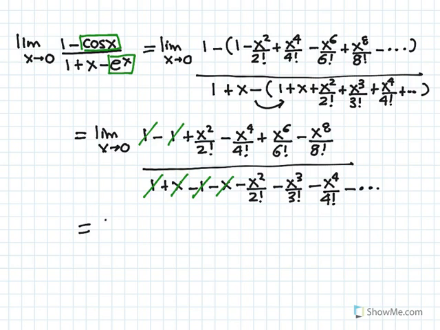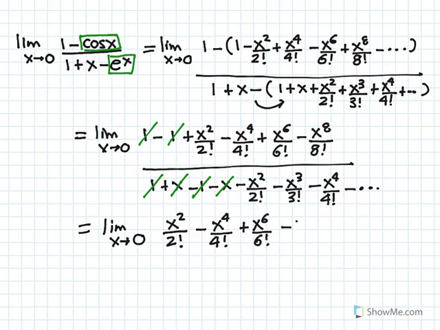So we get the limit as x approaches 0. In the numerator, we have simplified it to x squared divided by 2 factorial minus x to the power of 4 divided by 4 factorial plus x to the power of 6 divided by 6 factorial minus x to the power of 8 divided by 8 factorial, and so on.